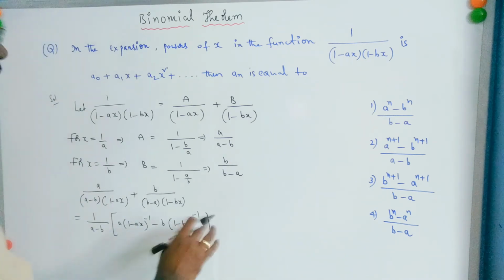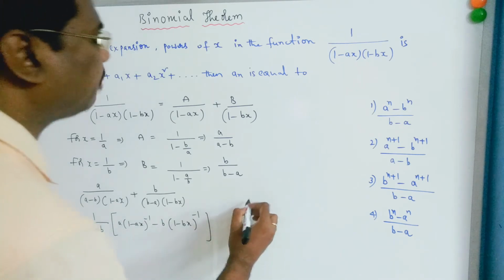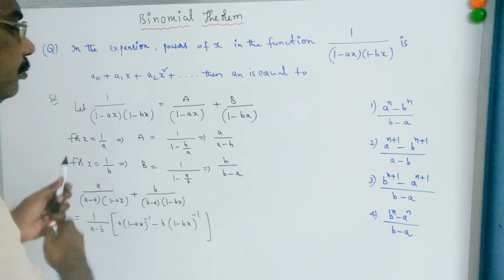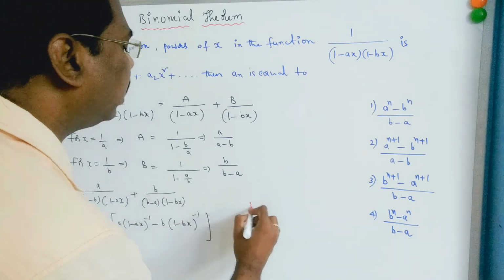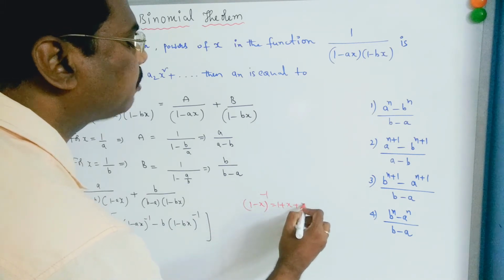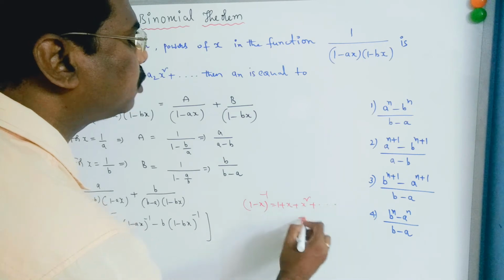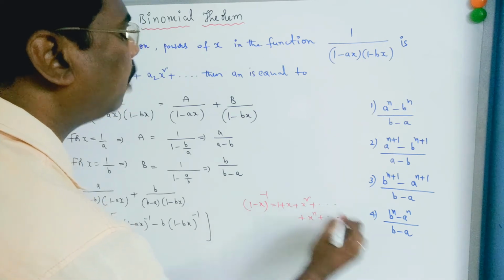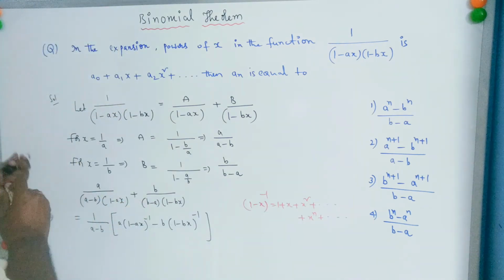Okay, now 1 minus x whole power minus 1 expansion. Now 1 minus x whole power minus 1 equal to 1 plus x plus x square plus up to so on, x power n up to so on infinity.